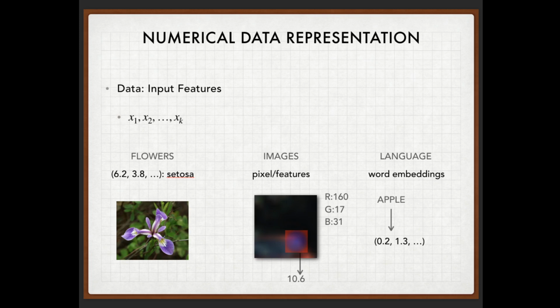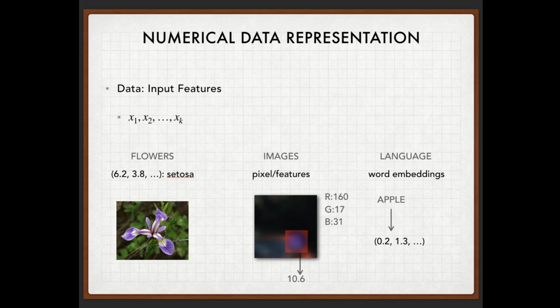And another example is what we have discussed as language processing. We can convert each word into a word embedding, namely a numerical vector, so that such data can be processed by the linear model family.